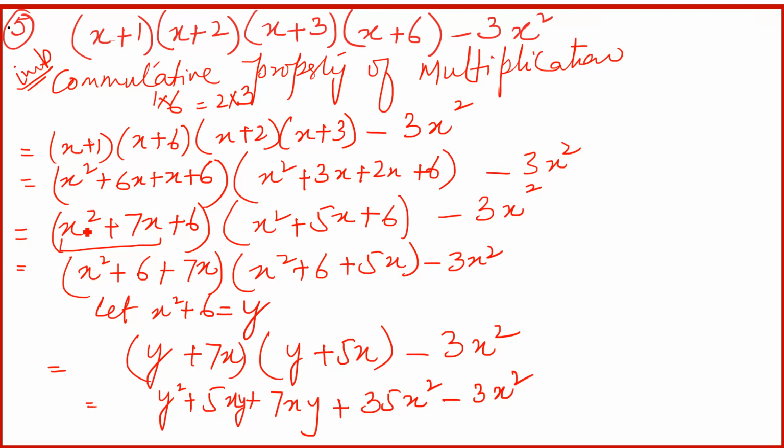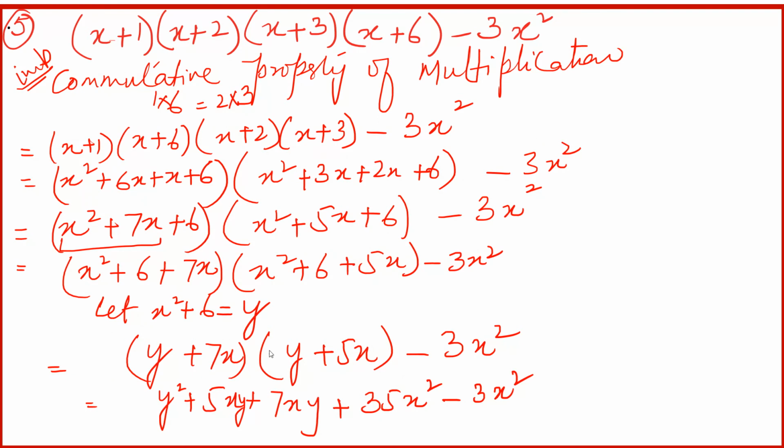Now you have to see what is the same in both parentheses: x square plus 6. We said x square plus 6 is equal to y. Wherever you find x square plus 6, you have to write y. So y plus 7x multiplied by y plus 5x minus 3x square.